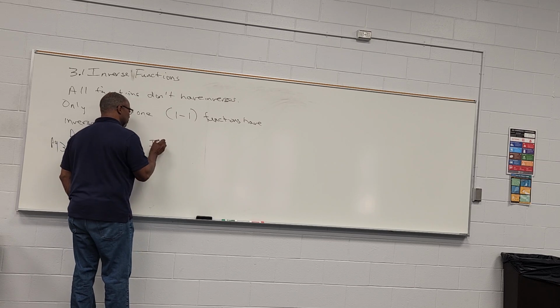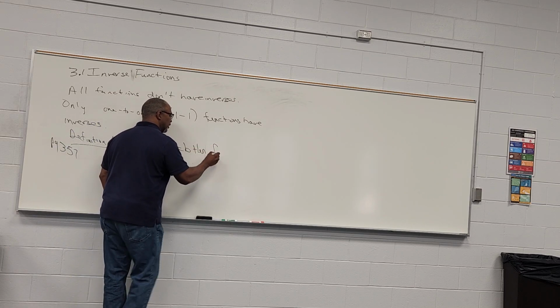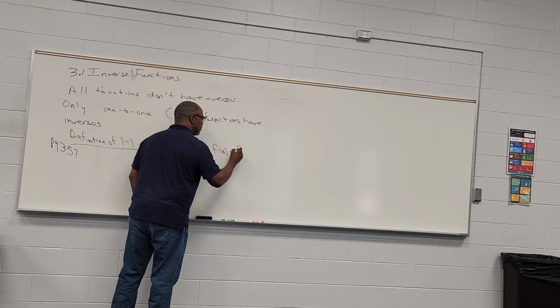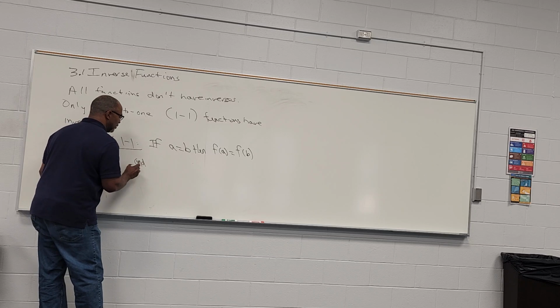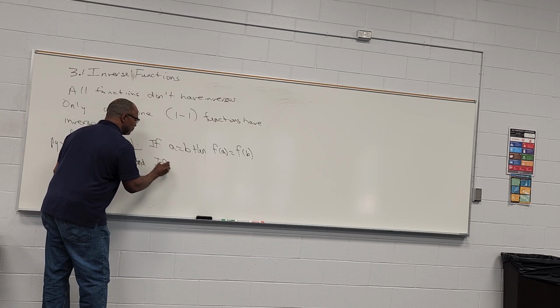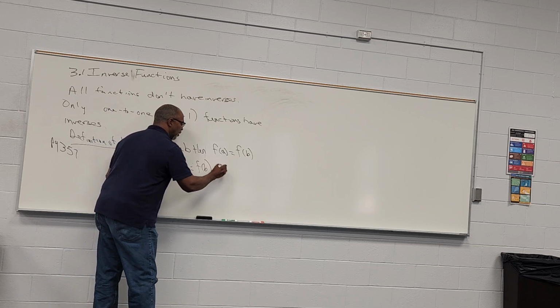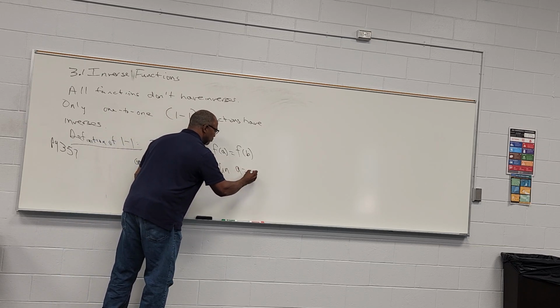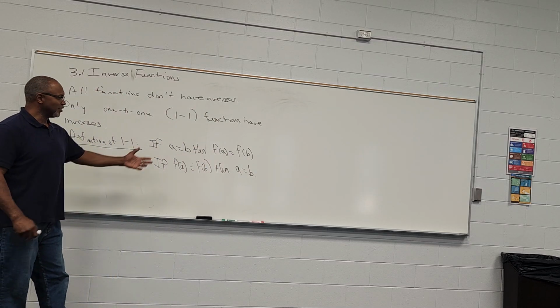One-to-one says, if a equals b, then f of a equals f of b, and if f of a equals f of b, then a equals b. So either way I look at it, it has to work both ways.